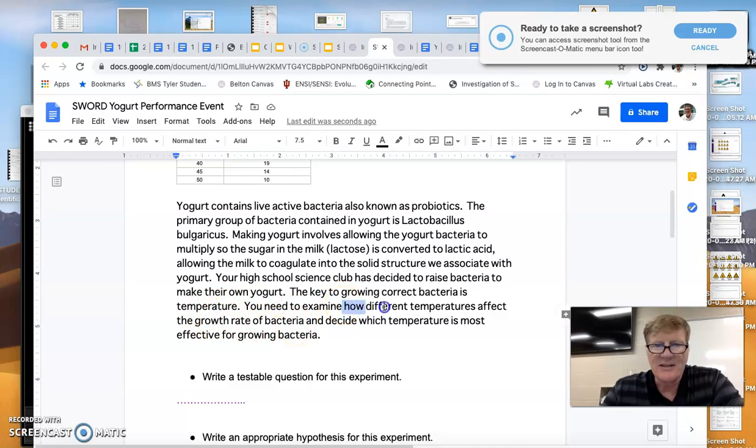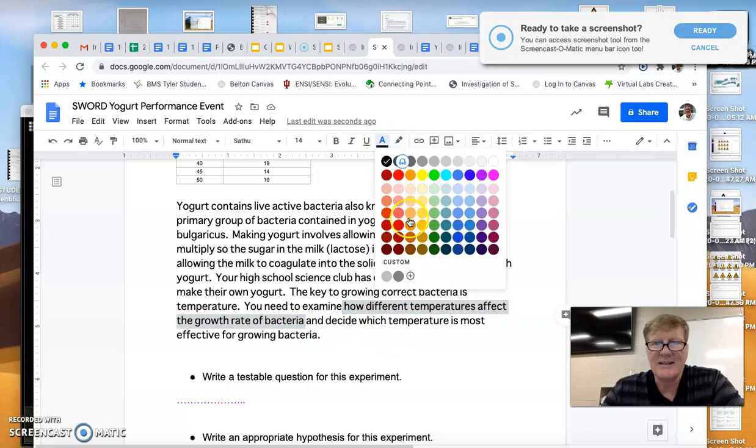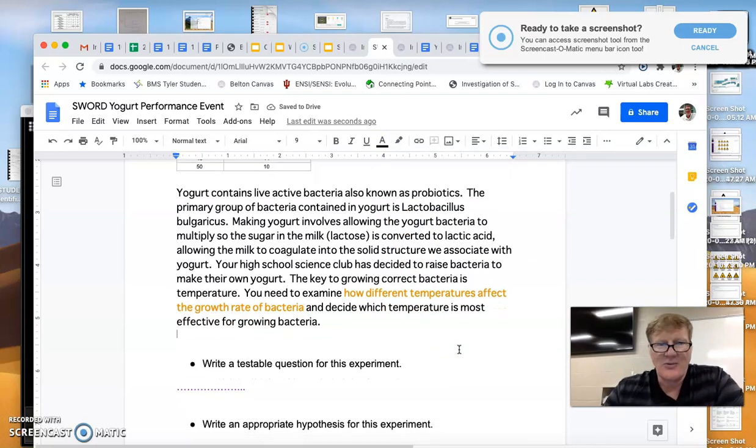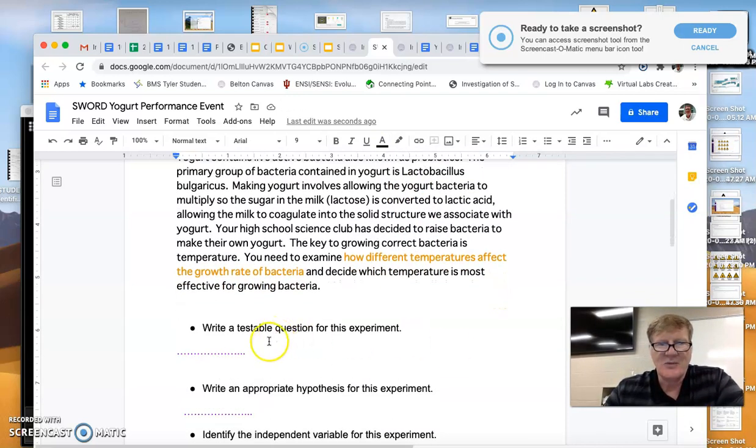So, right there, that would be my testable question. I'm going to go ahead and highlight that. Right there: how do different temperatures affect the growth rate of bacteria? So my testable question, right here, I'm going to use that.